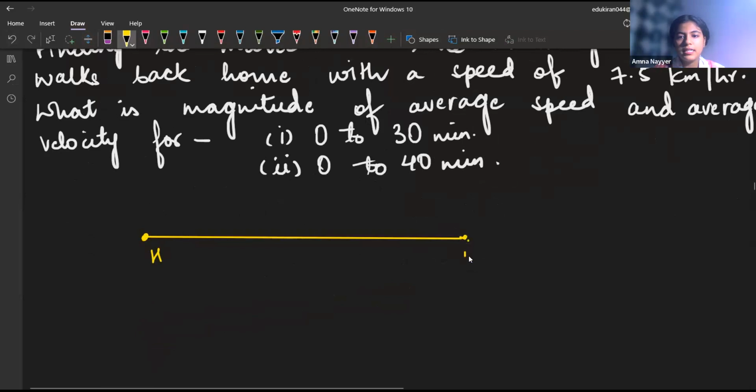So what is the separation between them? 2.5 kilometers, home and market.